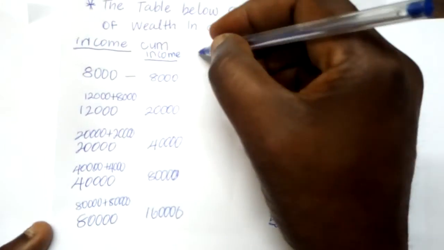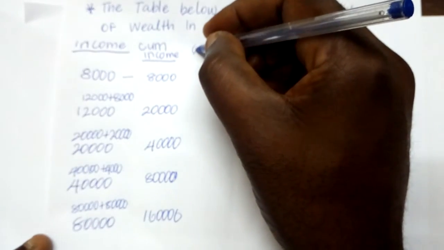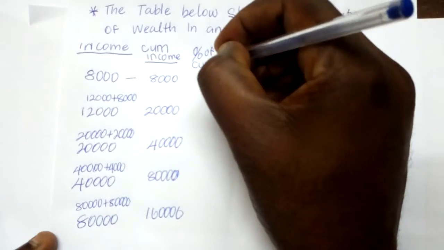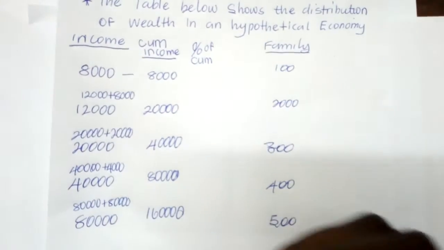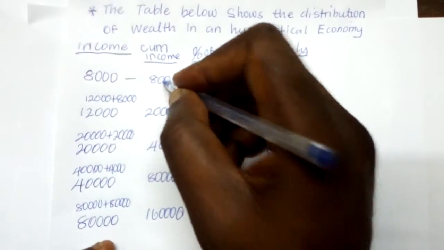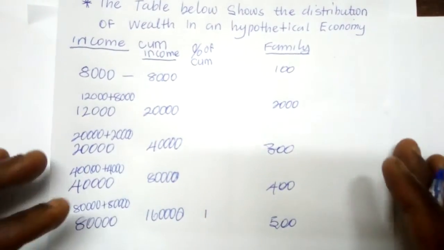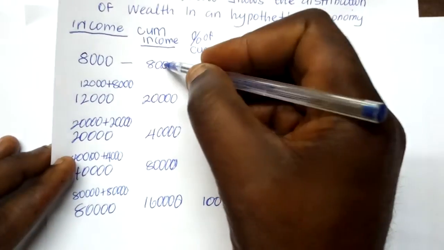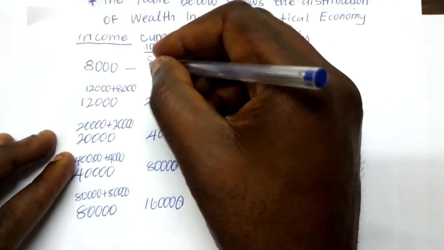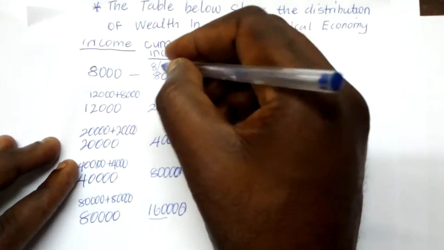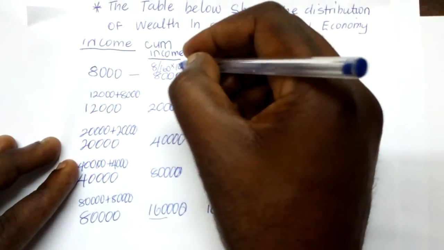The next thing is to get the percentage of cumulative. Now to get the percentage of cumulative, this is 100% already. For this it will be 80 divided by 160 multiplied by 100 all over 1.